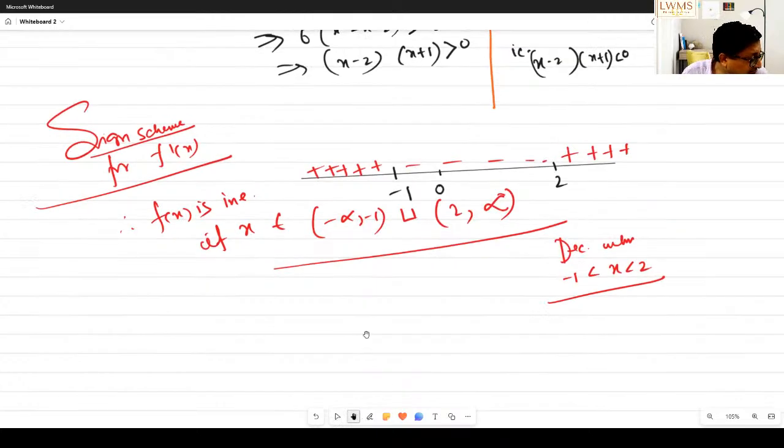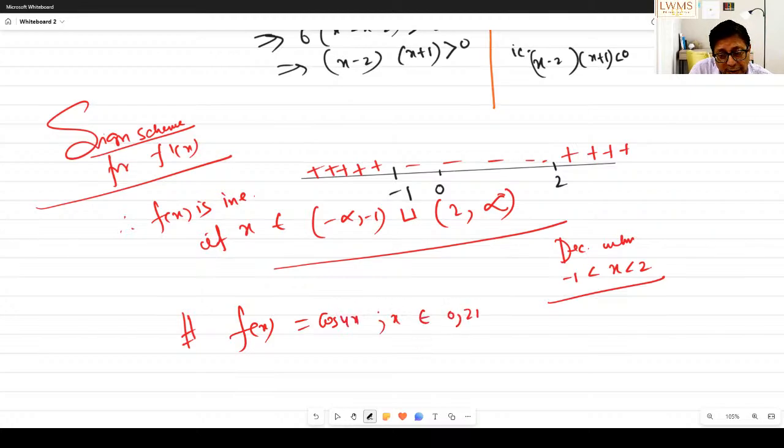Let us go for a trigonometric function to decide where it will be increasing and where it will be decreasing. I am taking the function, say f(x) equal to cos 4x when x belongs to 0 to pi. I have reduced your work to decide where it will be increasing and where decreasing.